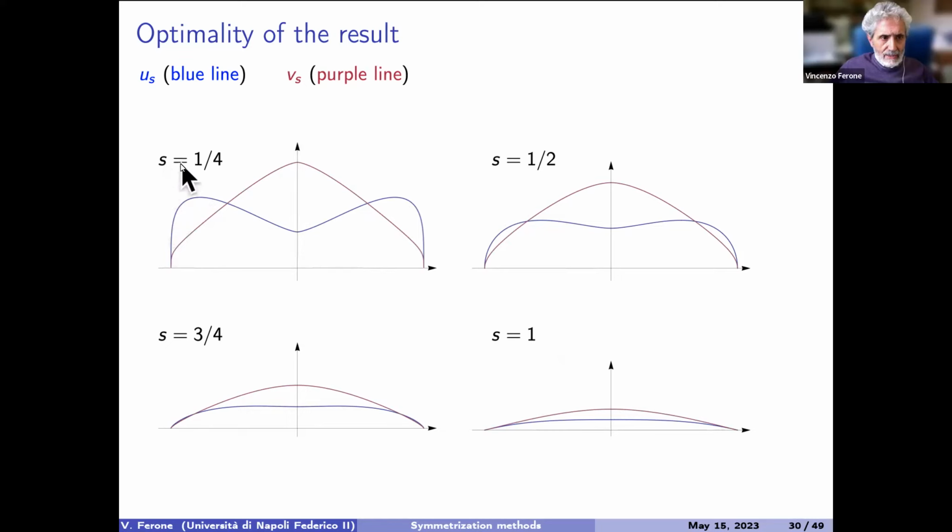This is the case where s equal 1/4, s equal to 1/2, s equal to 3/4, and then s equal to 1. s equal to 1 is the case of the Laplacian. And as you can see, the purple line is always above the blue line.